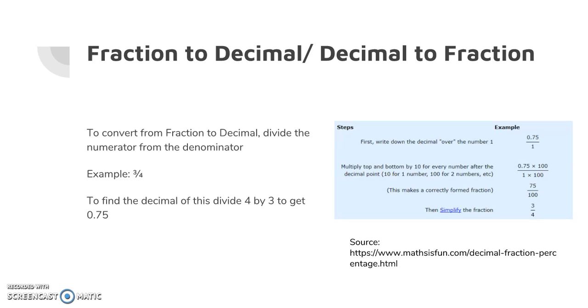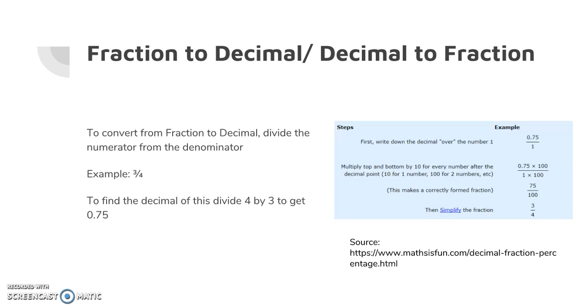To convert from decimal to fraction, you can see the steps in the picture below. First, write down the decimal over the number 1. Multiply the top and bottom by 10 for every number after the decimal point. So, for example, 0.75, you divide that by 1.